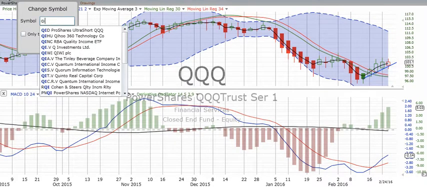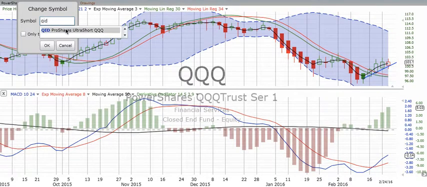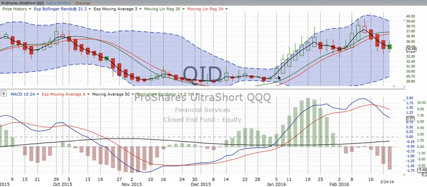Because that's just smart. And I'm actually plugging that in for those that are watching on video. It runs in the opposite direction. When the market's going down, QID is going up. That's what's so beautiful about being able to read a chart. You can easily make money when the market is going up or down in these indexes.